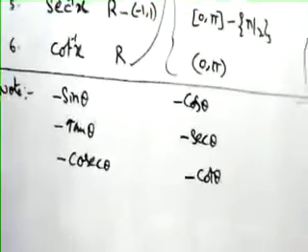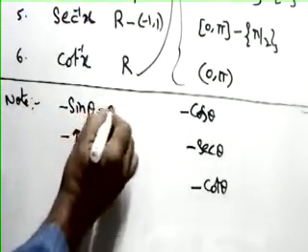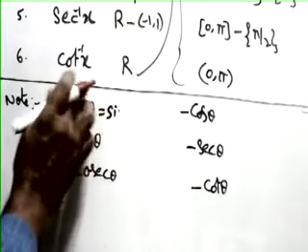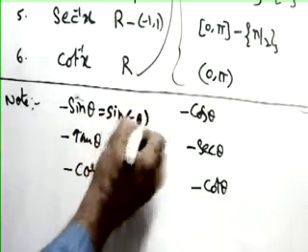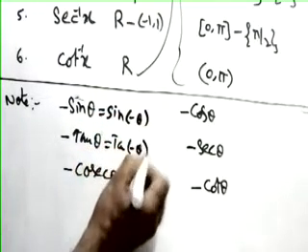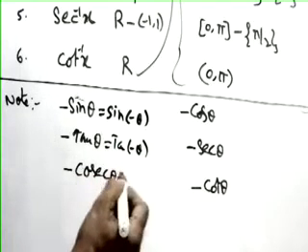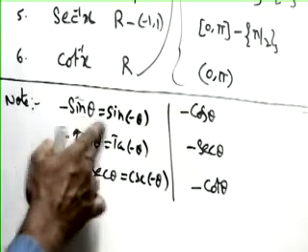So one more thing before going to the questions, watch carefully here. Suppose we have minus sine theta, minus sine theta can be written as sine of minus theta, minus tan theta can be written as tan of minus theta, minus cosec theta can be written as cosec of minus theta.